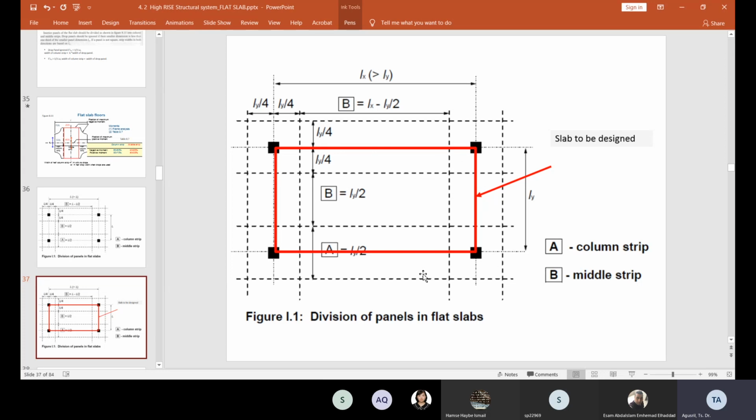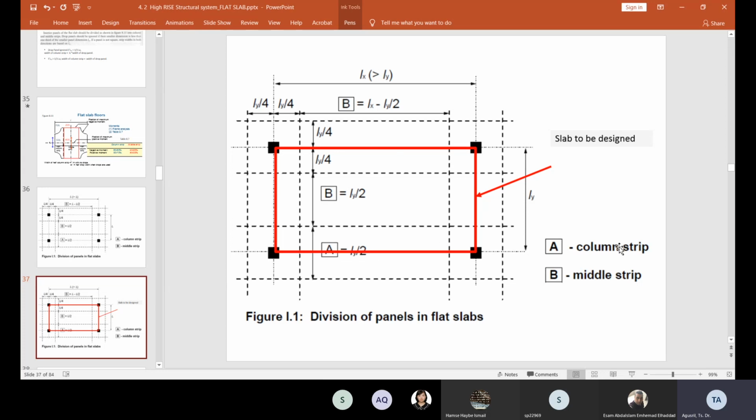This one also has the function of a beam, this one also, and this one also. So the portion that we need to design as a beam is considered the column strip. And then the middle span as slab we consider as the middle strip. So this is the middle strip, and this portion is the column strip.